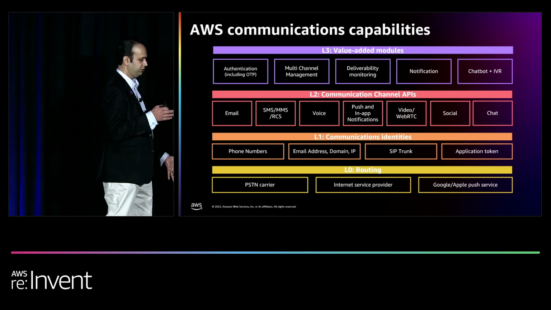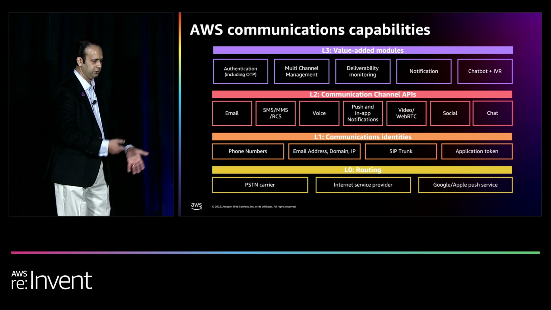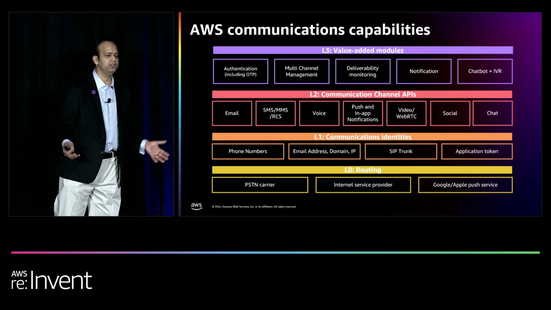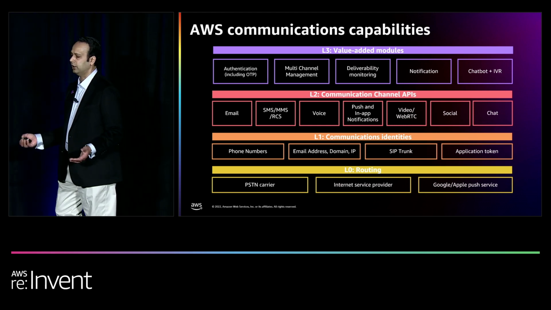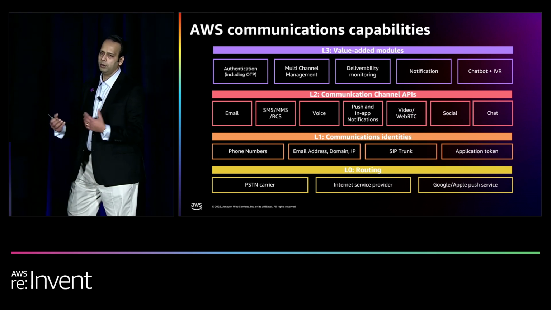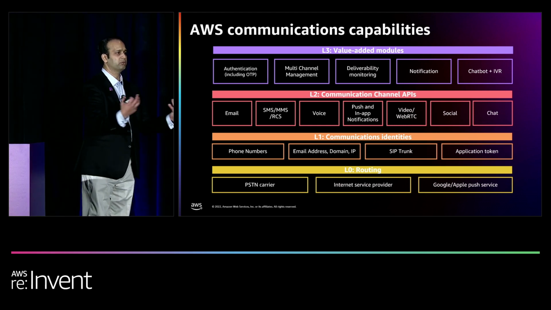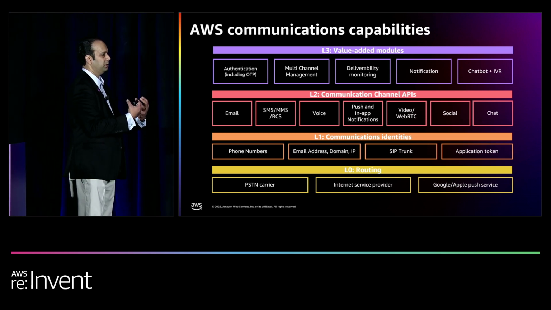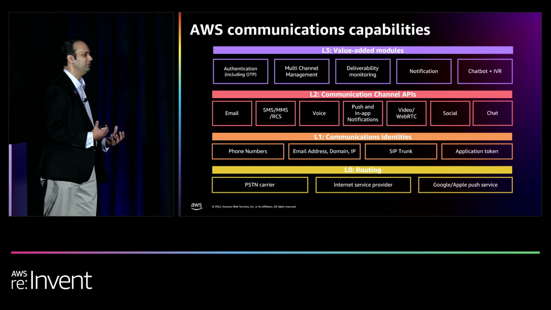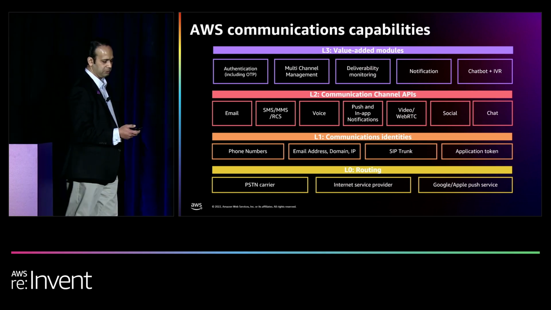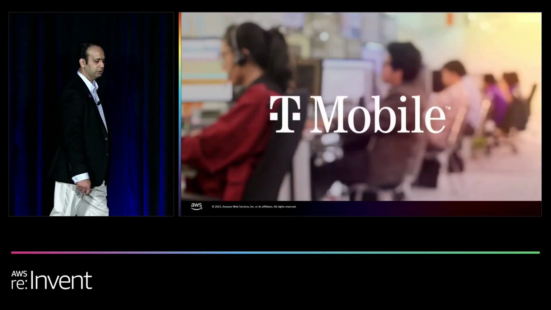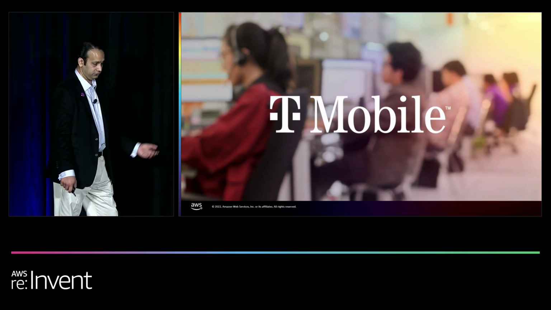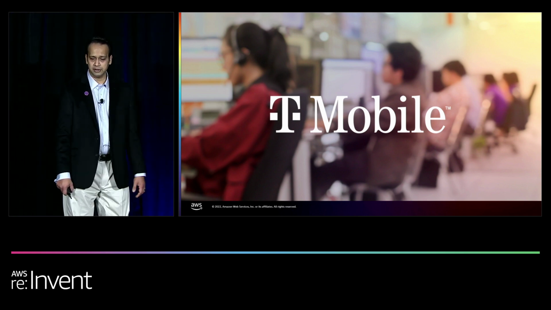Now, in some scenarios, we actually provide core managed APIs like OTP. In other scenarios, we have AWS solutions where we've created prepackaged components that a customer can easily use to snap in a capability into their website or their platform. One of those solutions is actually live call analytics.